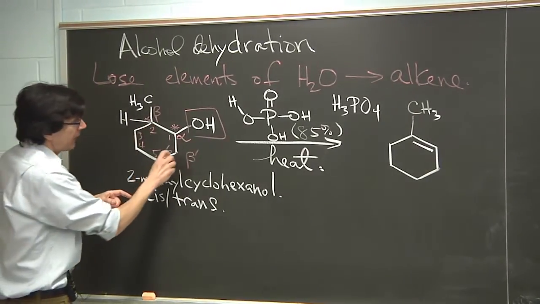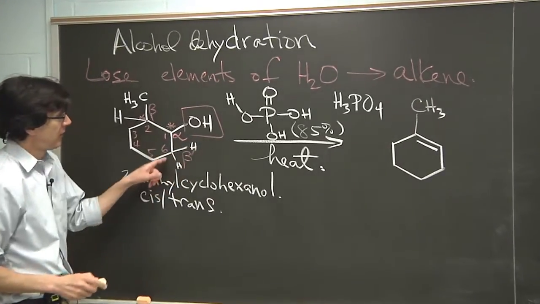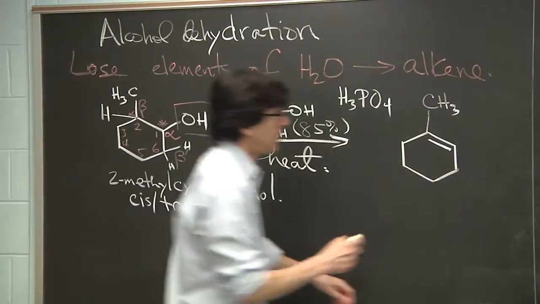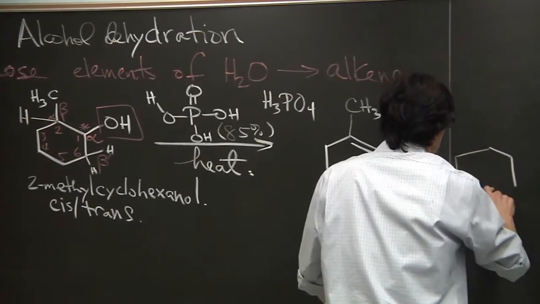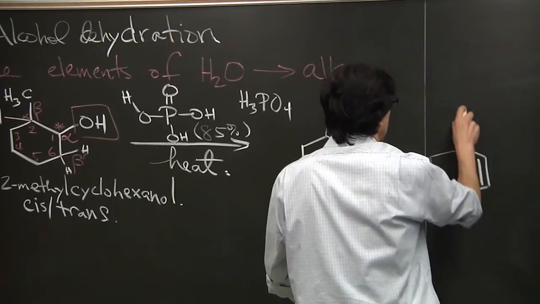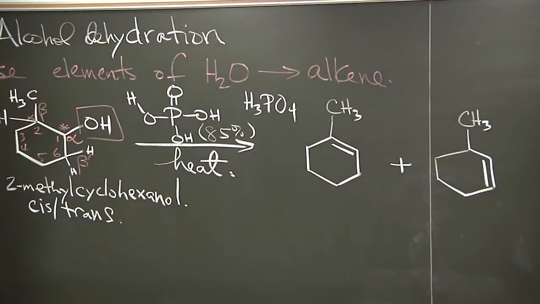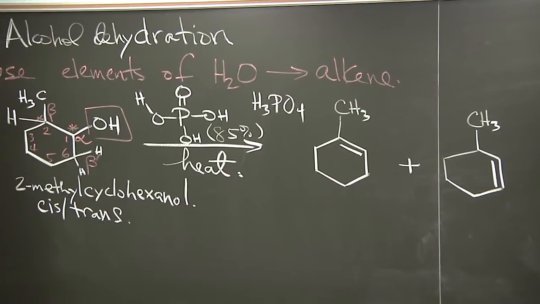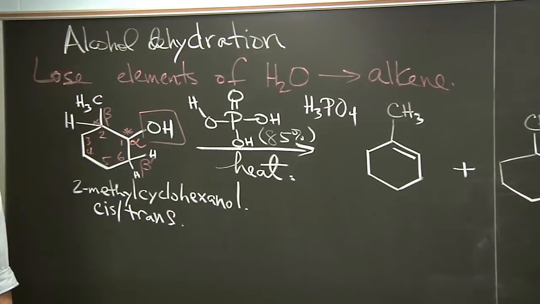And then another possible product would involve loss of one of the hydrogens from carbon 6. So maybe we would expect to get this product as well. Okay? So if you came up with those 2 products, you're in good shape so far.